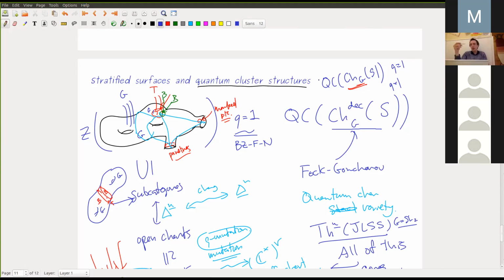What they're doing is defining the union of all these charts, and by construction, the union of all these charts is an affine variety, and the algebra of functions is a ring generated inside the big ring of rational functions in the different variables. They just take the union of all these rings, and so they get another affine variety. And that's what they would call the upper cluster algebra. So those are functions which are regular in every chart.